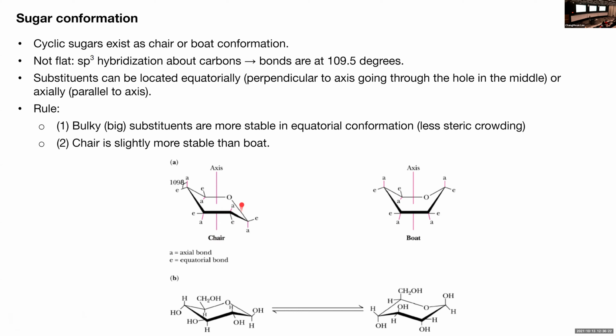So that's going to be on the top or the bottom of the sugar ring, basically. And it can take any kind of form, based on the shape or the size of those substituents.